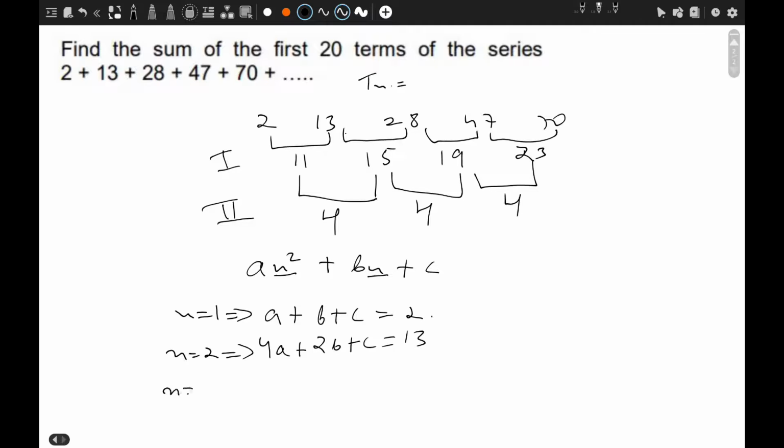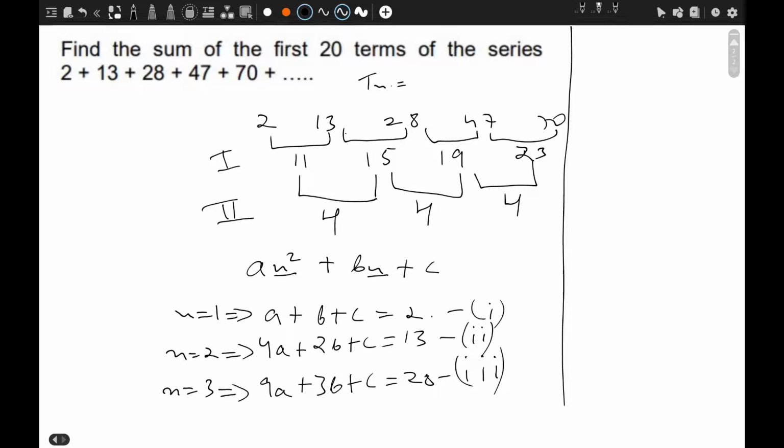If we put n equals 3, we get 9a plus 3b plus c equals 28. This is our first equation, this is our second equation, this is our third equation.